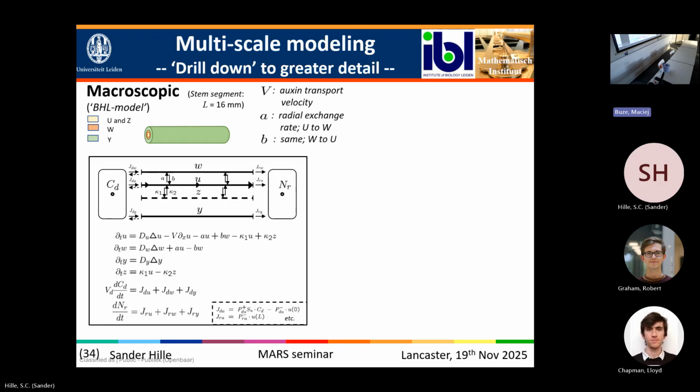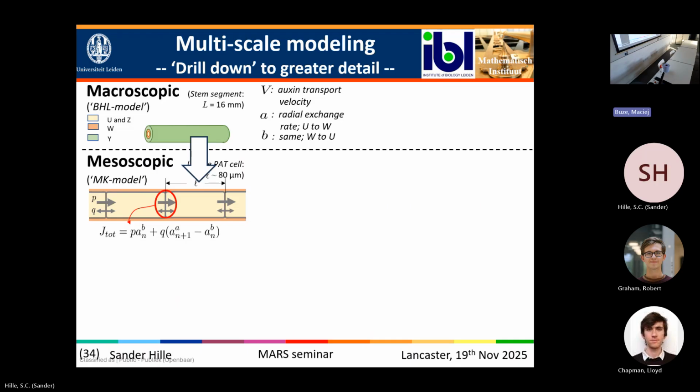In this model, there are 3 important parameters. There's the effective velocity in the system, which is highly accurate and well measurable. And there are 2, A and B, and these are exchange parameters. They determine how much auxin leaks from the central transport system to outside tissue.